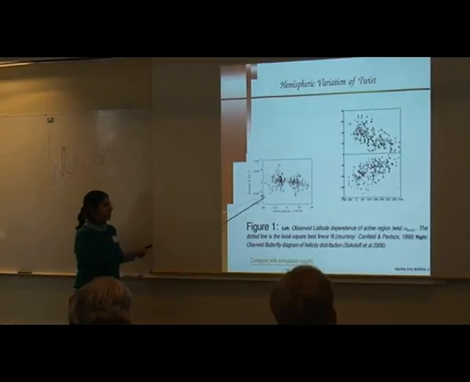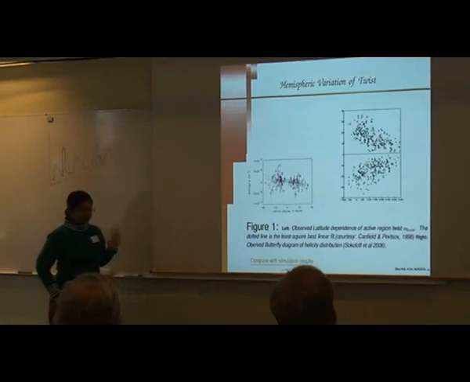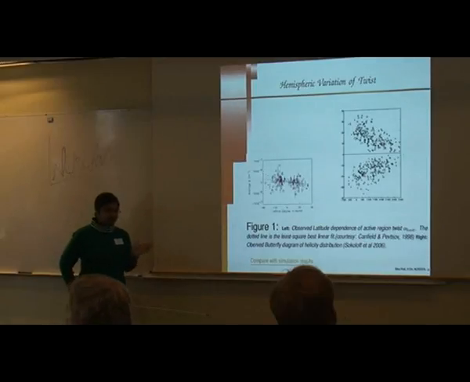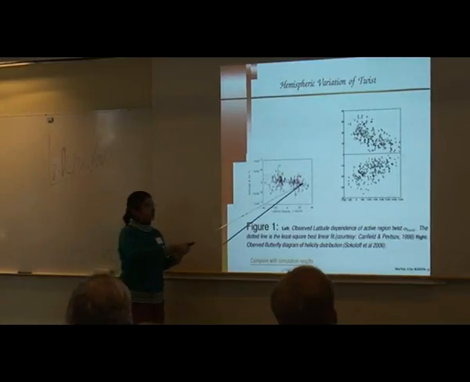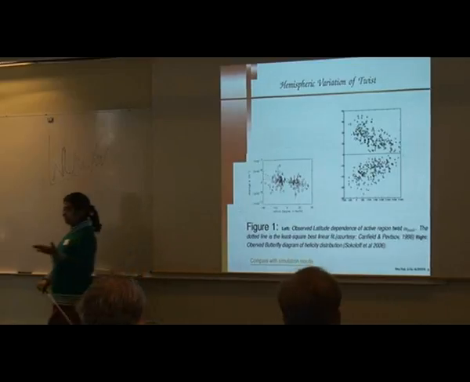Statistically, they said that 74% of the active regions in the southern hemisphere had positive helicity, and something like 66% of the active regions in the northern hemisphere had a negative helicity.